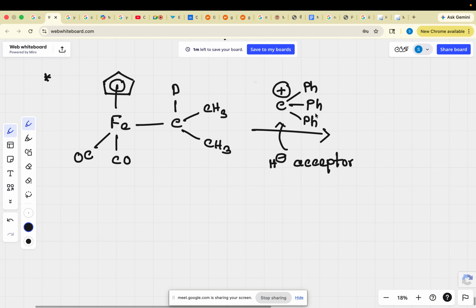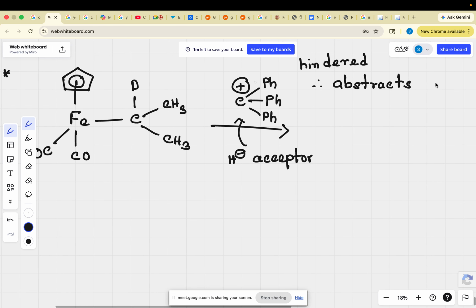But as it has 3 phenyl rings, this carbocation is actually hindered, so therefore it abstracts H minus from the less hindered side.